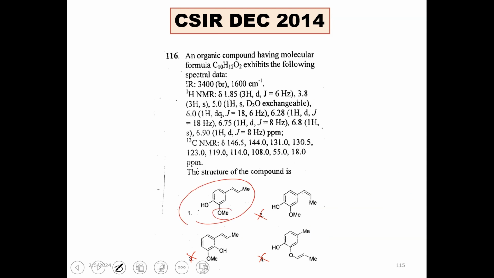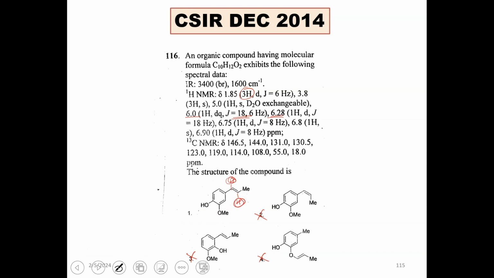So this OMe comes around 3.8. This methyl, 3 hydrogen doublet, comes around 1.85. And you have these hydrogens, they are coming around 18 hertz coupling. So they're coming out at 6 and 6.28. So these two are alkene hydrogens.